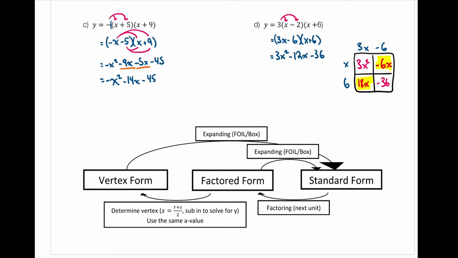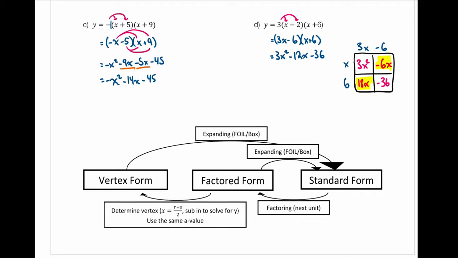If we have factored form we can work into vertex form by determining the vertex using the steps of finding the x value or the middle value, then subbing in and solving y, which we have just done, and we use the same a value. To go from factored to standard, we just expand. So similar to what we just did, we expand by using FOIL or box method.